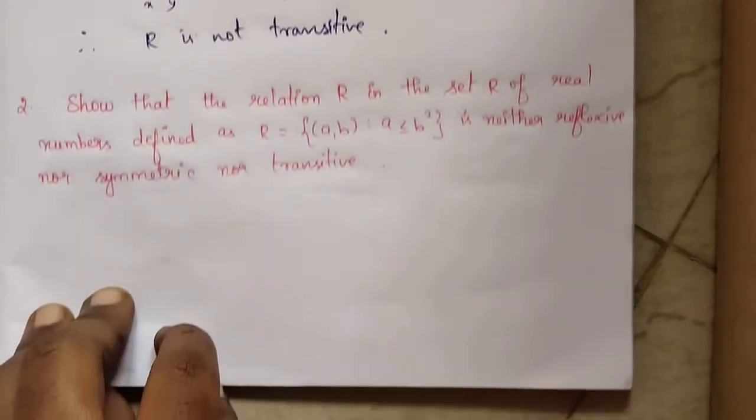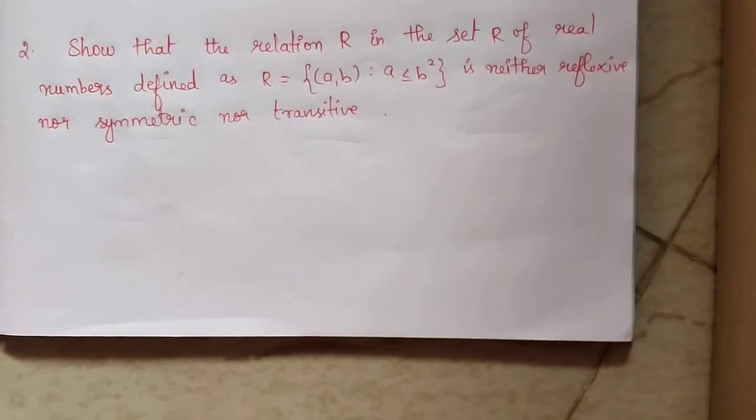Now let us see the second question. Show that the relation R in a set capital R of real numbers defined as R equal to (a, b) such that a less than or equal to b square is neither reflexive nor symmetric nor transitive. If we have to prove that it is reflexive, symmetric and transitive, it is easy.